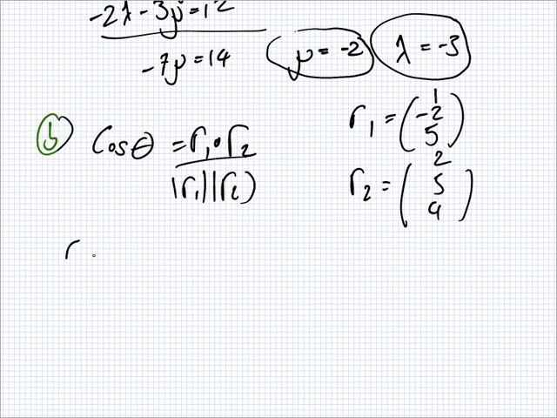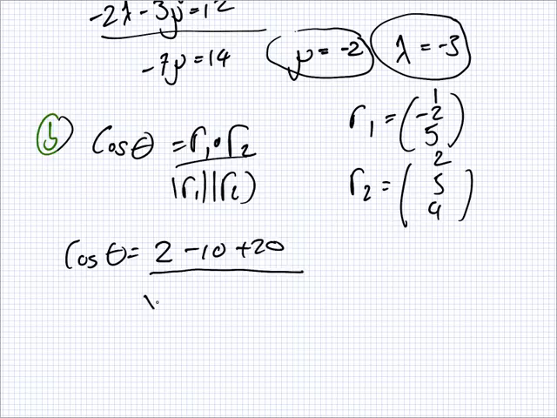So I get cos theta will equal 2 minus 10 plus 20 over square root 25 and 16 and 4, that's 45, is it?